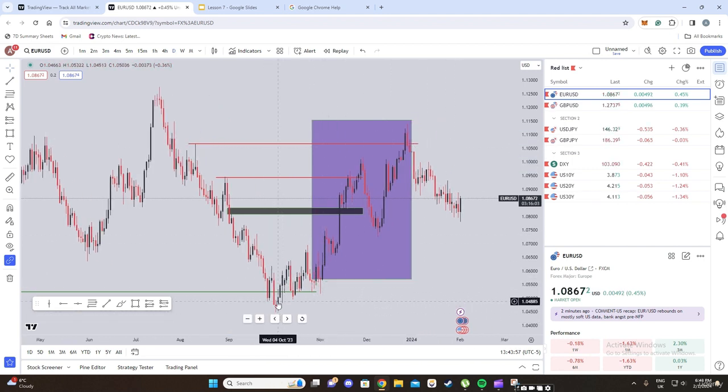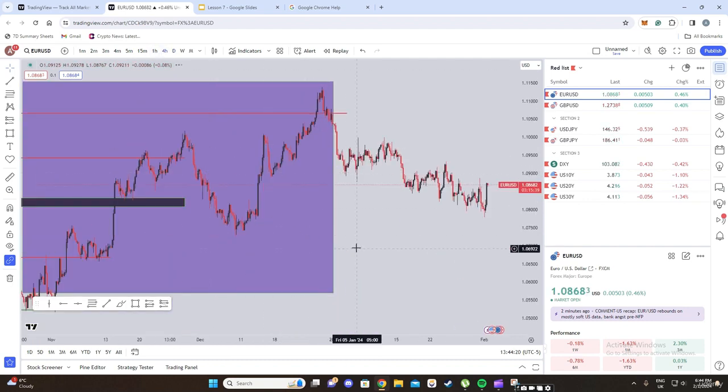Then you'll see here that there's a bit of a consolidation on the daily, but then you'll see this displacement higher. So once we've seen this displacement, we can expect price to retrace lower into this breaker block before trading higher. So let's go into the smaller time frames and into this breaker block level to see what price is doing.